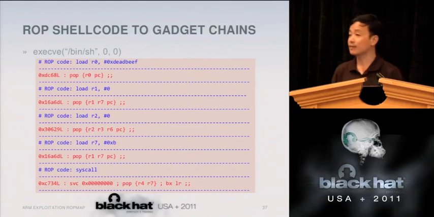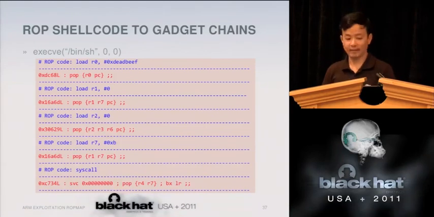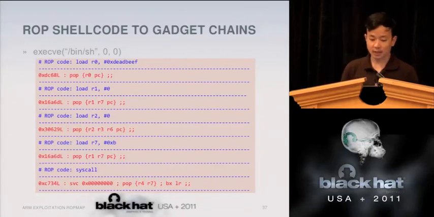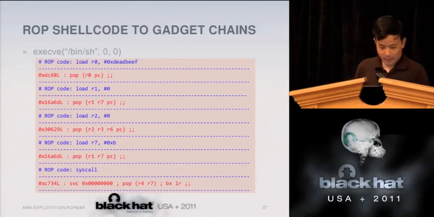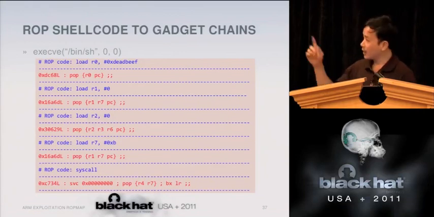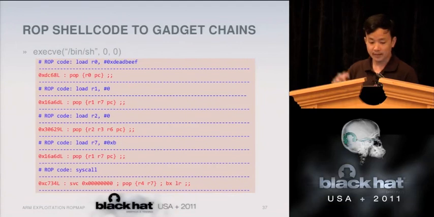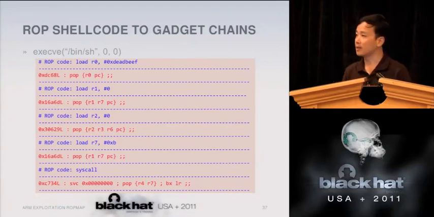So it's very simple, just some pop instructions, and then finally the system call instruction. And you can see here in the chain, some instructions may be duplicated in terms of loading the register, right? But we don't care now.